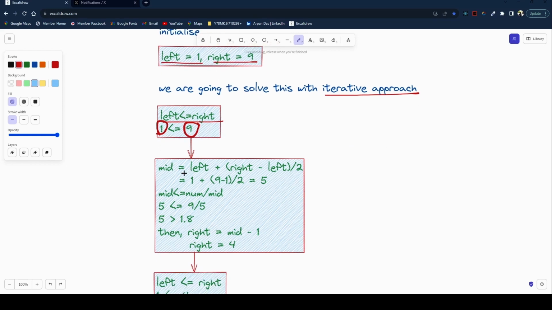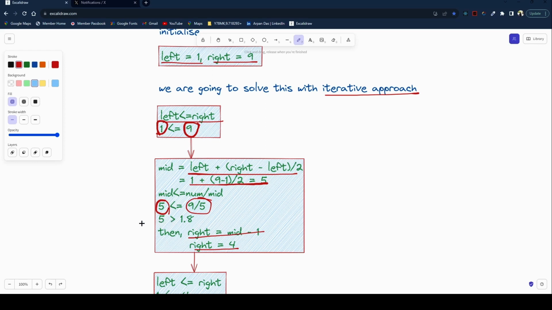We have to find the mid: 1 plus 9 minus 1 divided by 2 equals 5. Is mid smaller than num divided by mid? No, the condition becomes false. Then right equals mid minus 1, so right equals 4, because we have to find it in the left side of the mid element.